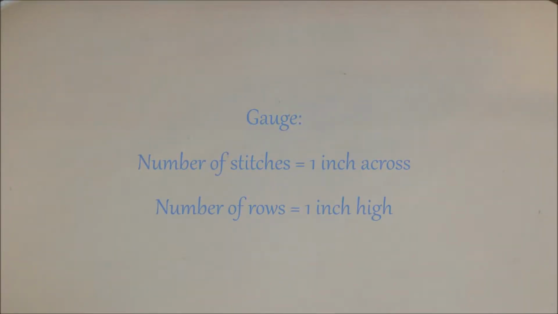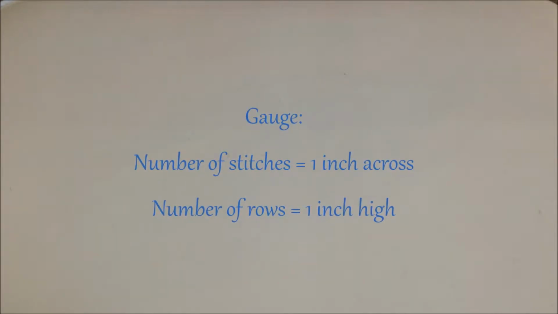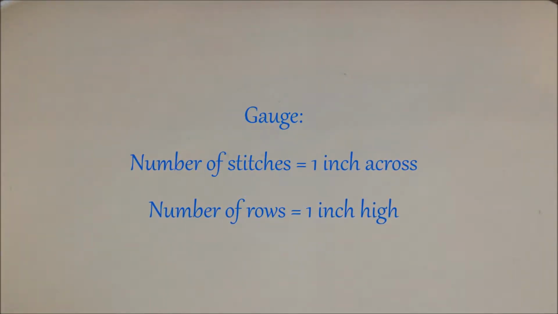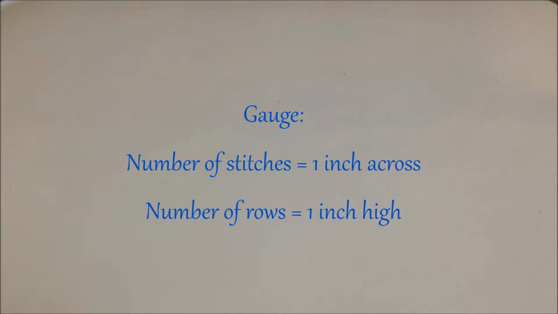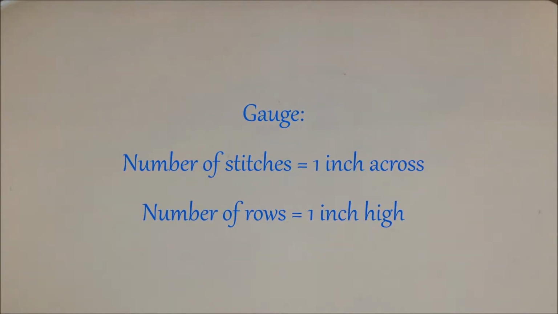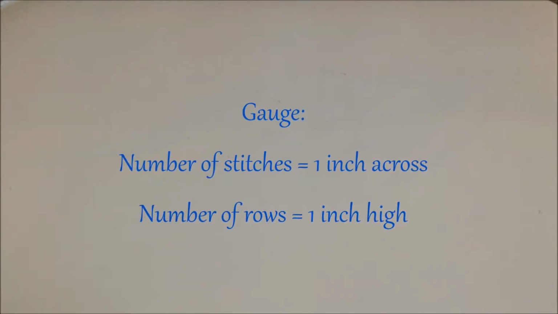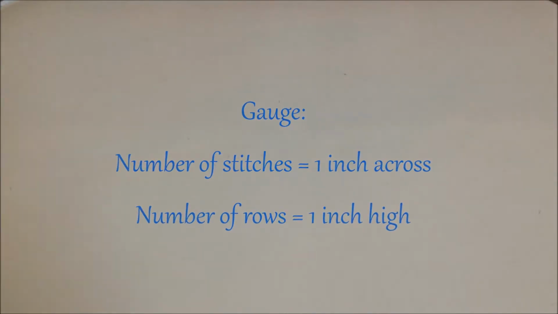Now coming back to this formula itself, we would have to know a few things. The first thing is determining your gauge, which we have looked at in another video. You can go and see how to determine gauge, and it's very simple. You will need your gauge, meaning the number of stitches per inch or per centimeter, whichever measurement you're using, over the number of stitches as well as the number of rows.